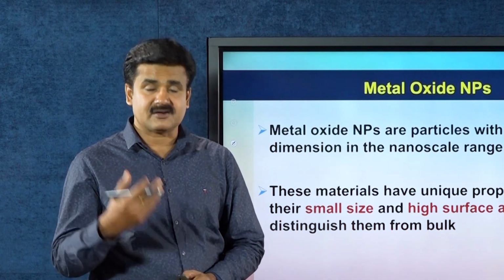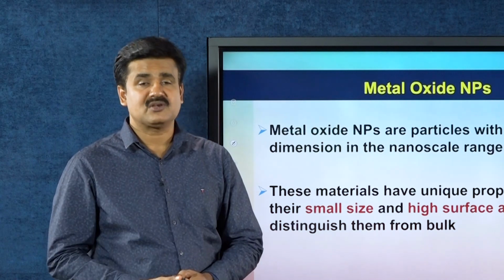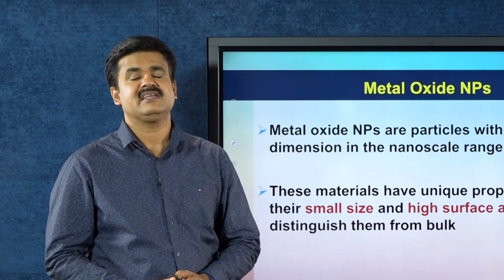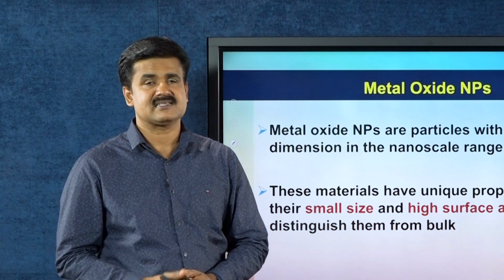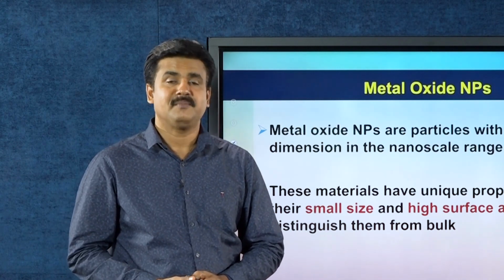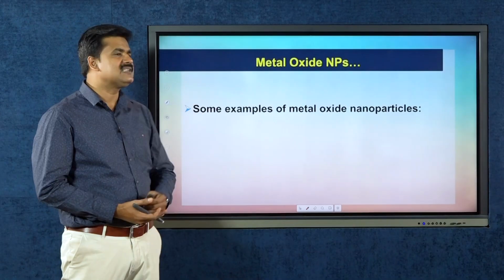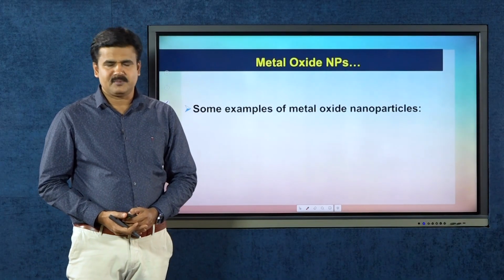So, high surface area along with the small size make metal oxide nanoparticles highly different in their physicochemical properties compared to the bulk material. Now, some examples of metal oxide nanoparticles.